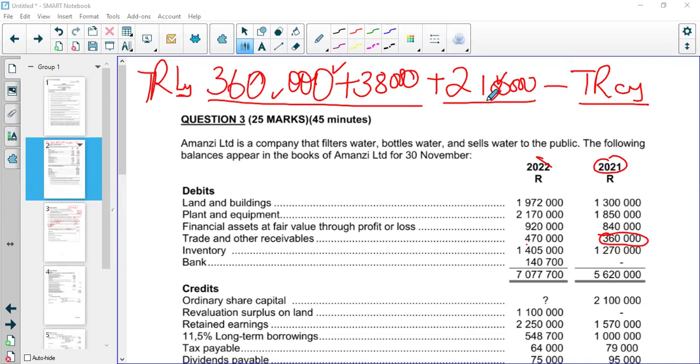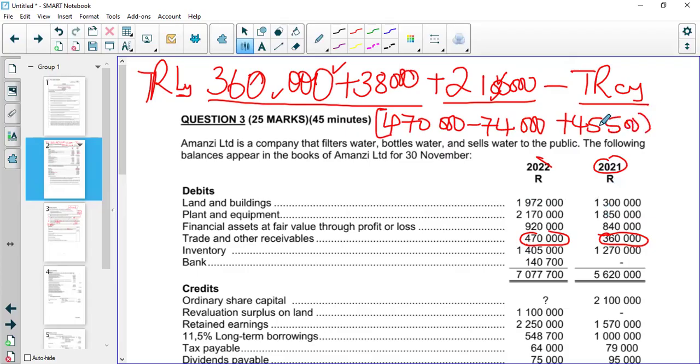Right. So now we look for the trade receivables this year. That's 470,000. And remember that in this amount, we need to subtract the 74,000, which was prepaid, and we add back the 45,500, which is an allowance.